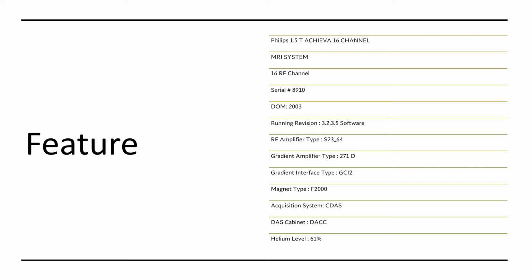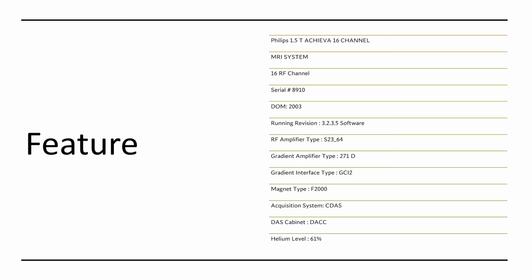For this device we have some features. For the first one, Philips 1.5 Tesla Achieva 16 channel MRI system. Third one, 16 RF channel. For the serial, 8910. For the DOM, 2003. Running revision 2.2.3.5 software.